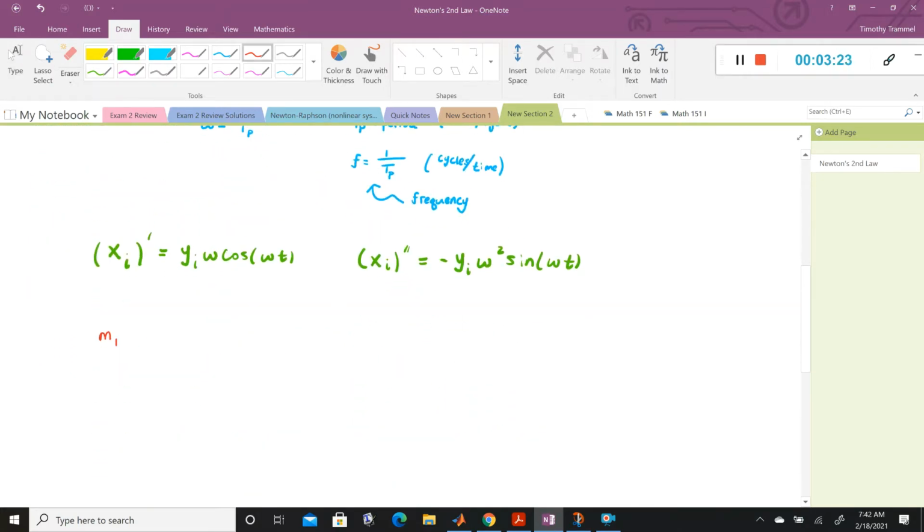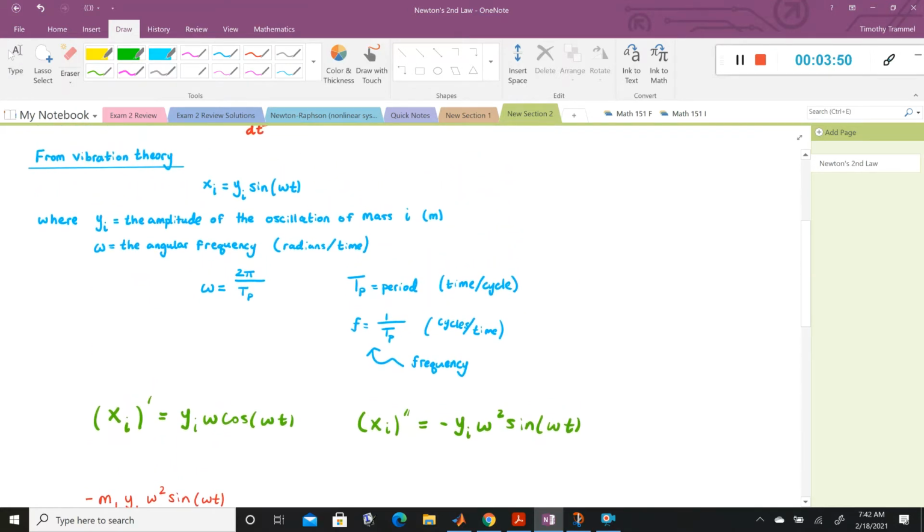So here's our derivative of x1, I need to make this a y1 here. So that's going to give us m1 y1, I'm going to put the negative out front here, omega squared sine of omega t.